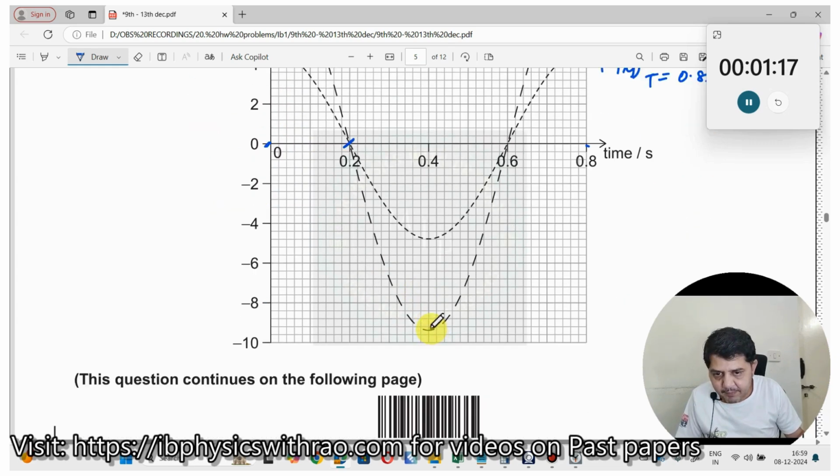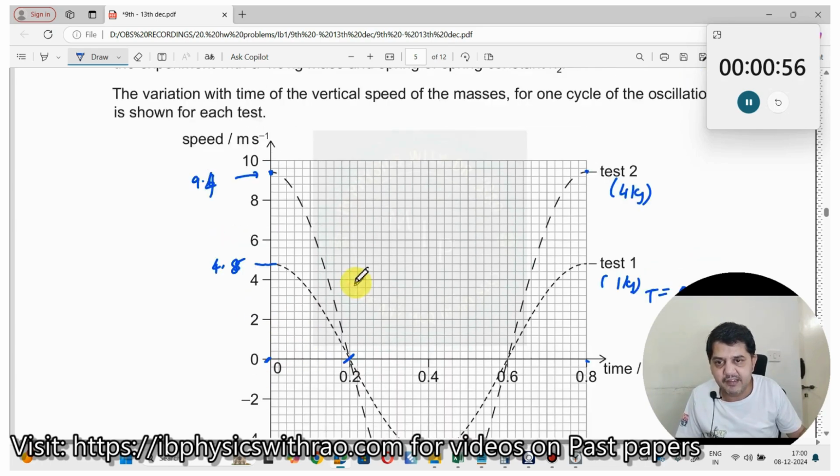Velocity is minimum at t equal to, what is this value here? This is minus 10, minus 9.6, minus 9.2. In between 9.2 and 9.6, where is it? 9.4. Okay, so it is at 9.4.